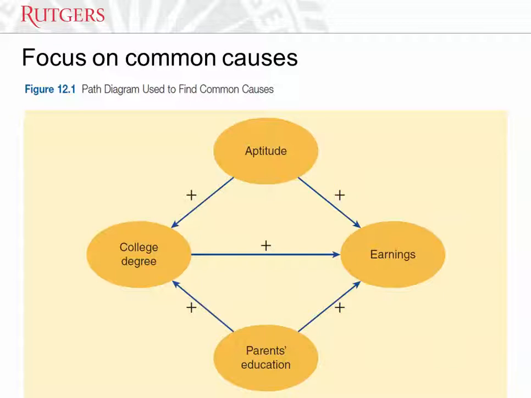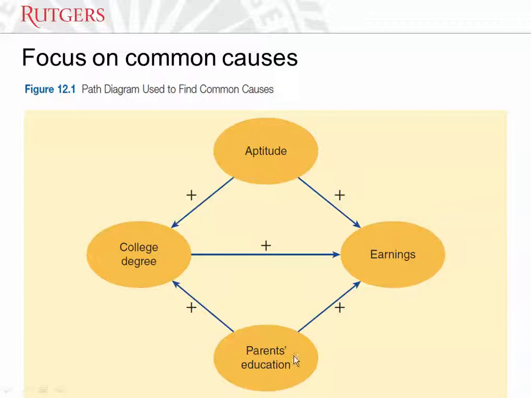So here's the notion of common causes, and this is from the book. Let's say we're interested in the effect of education on earnings. What makes for good control variables are variables like the parents' education, which might influence both.